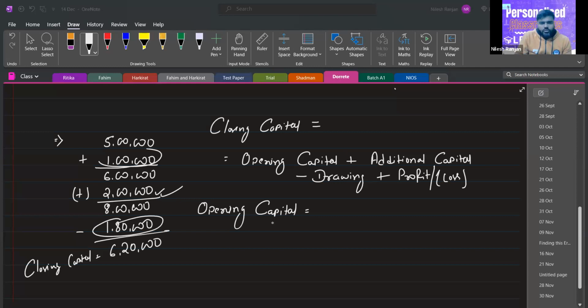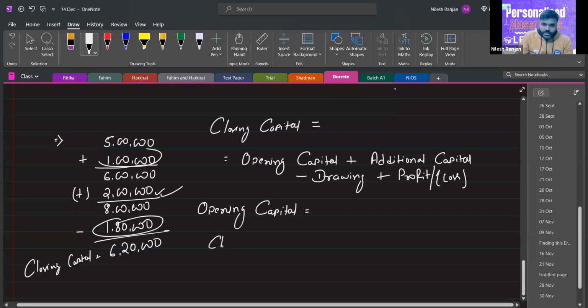Now, on the basis of this formula, we can create a formula for opening capital also. So opening capital will be on the credit side and all the other items will go on the debit side, so their sign will change. If it is plus, then it will become minus. Opening capital equals closing capital.